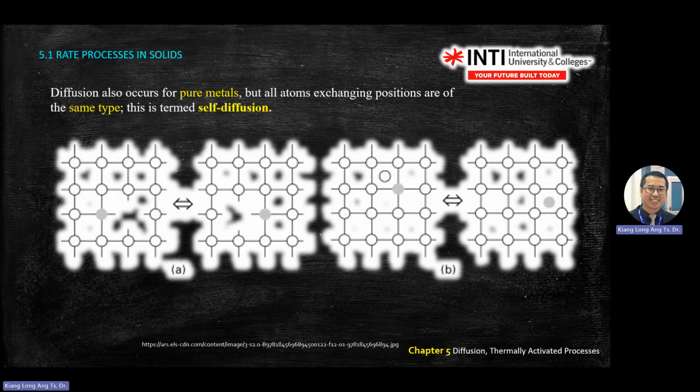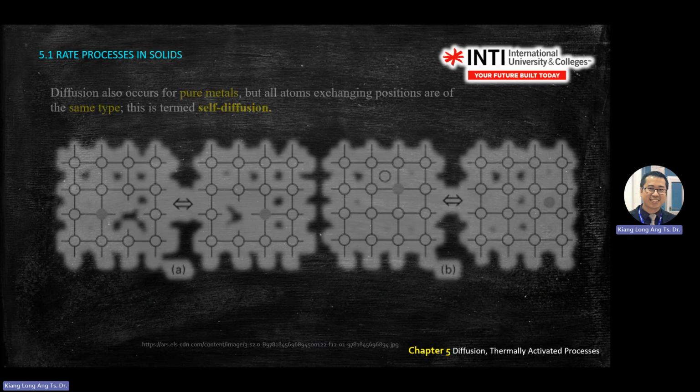Like what you learned in the defect or impurity or imperfection chapter, there are two: substitutional and interstitial. Substitutional means you can substitute, or you can jump inside the space, which is called interstitial. So there are two.